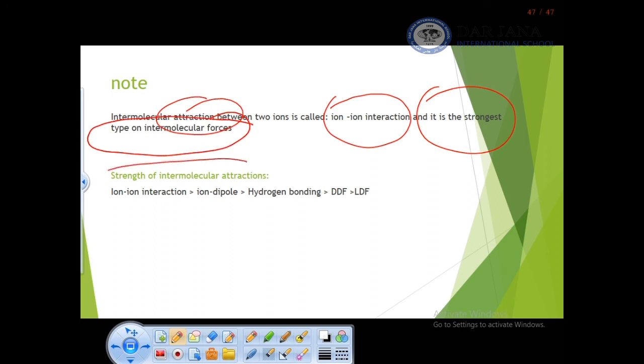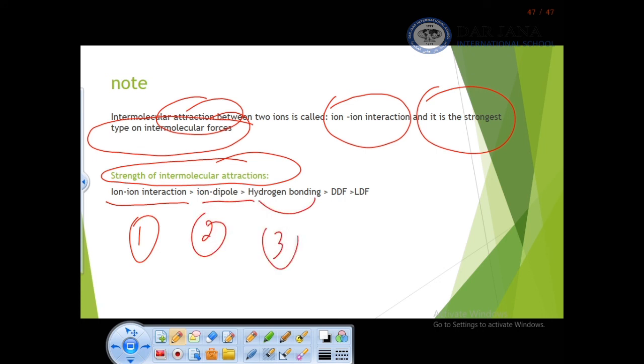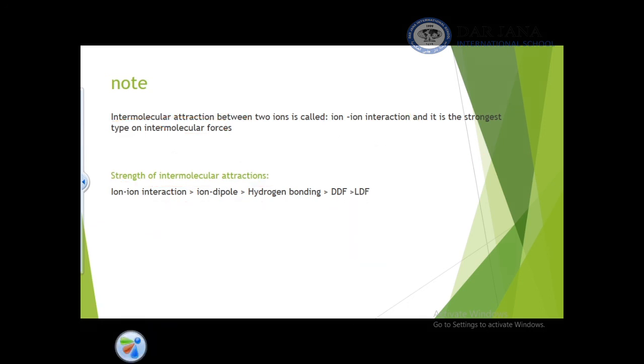And to summarize the strength of the intermolecular forces, we have ion-ion interaction, the strongest, then ion-dipole, then hydrogen bonding, then DDF, then the LDF. Okay? And that's it concerning lesson 10.1.